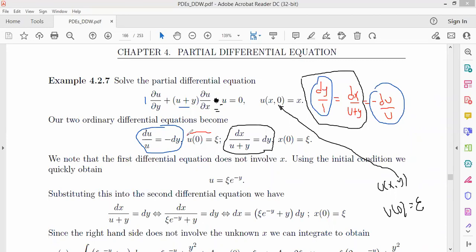I am distinguishing it with red. But remember, this is for only y going to 0.